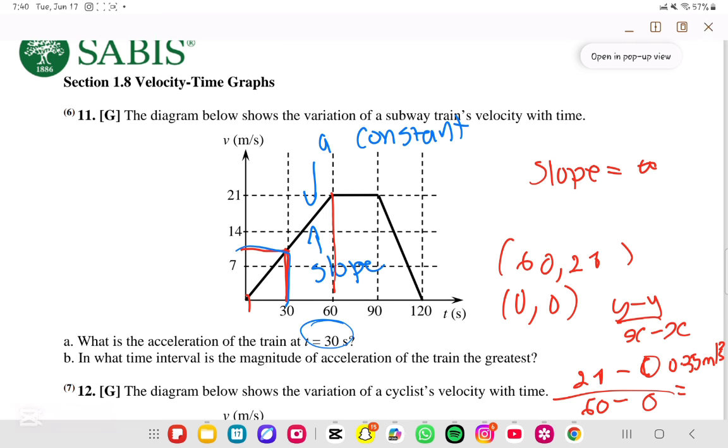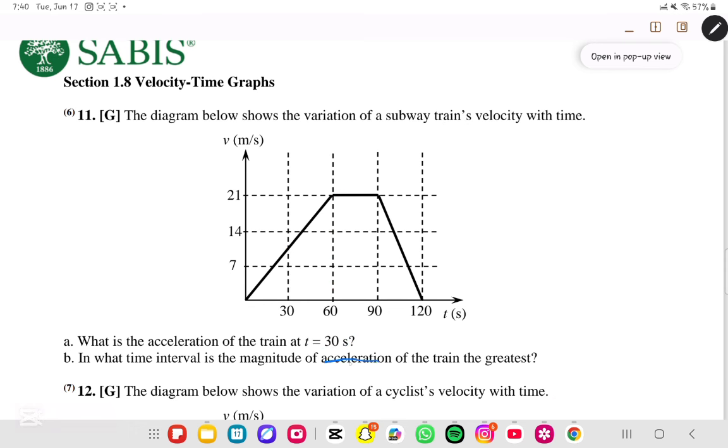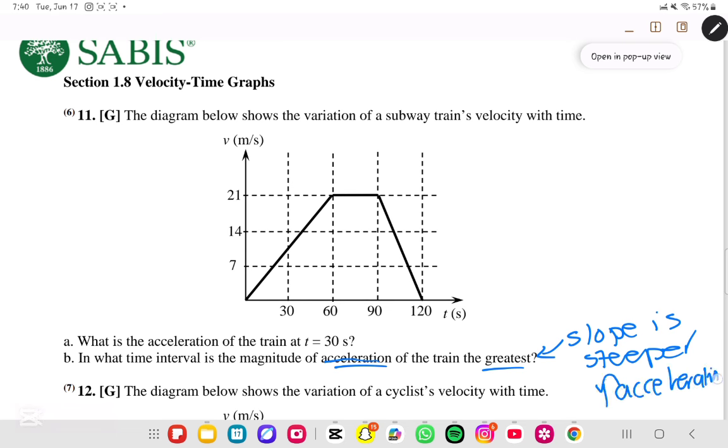In what time interval is the magnitude of acceleration of the train the greatest? Visually, it's kind of easy to see. They want the magnitude of acceleration that is the greatest, and that's usually when the slope is steeper. The steeper the slope, the greater the acceleration. As you can see here, this is pretty average.